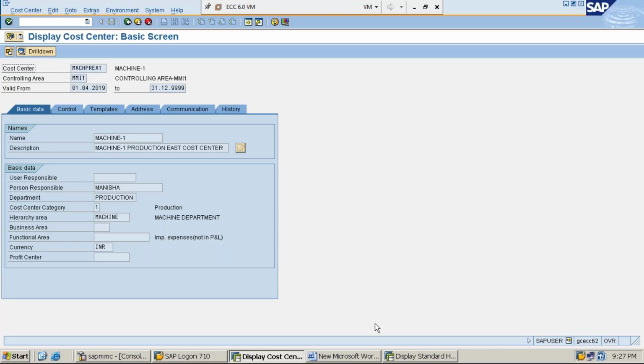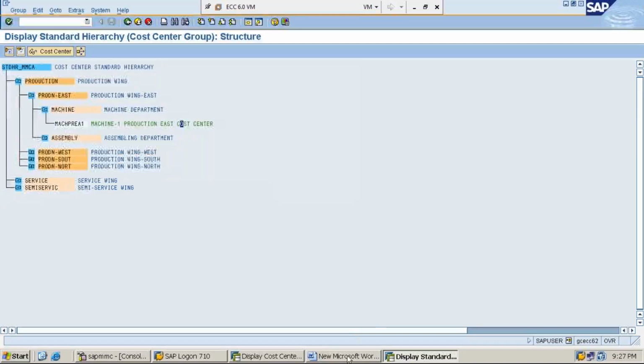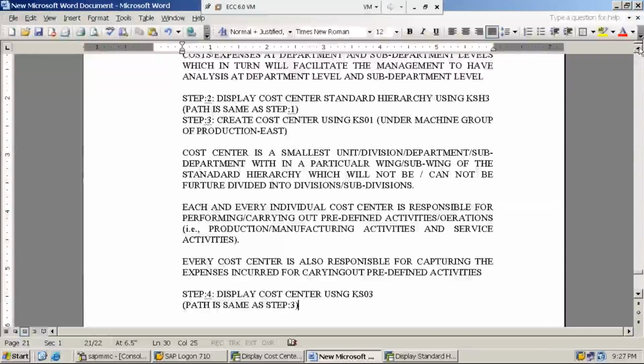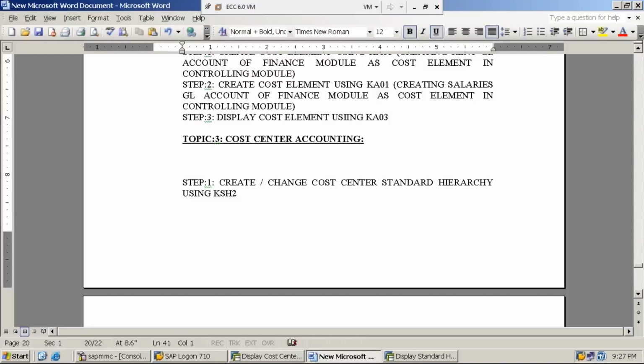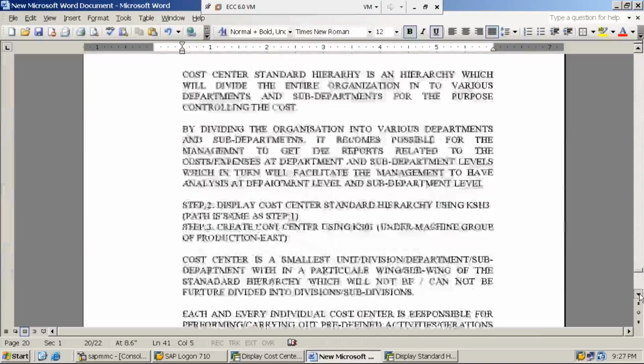Right. Next. See, what I'm doing in the notes, under cost center accounting: basic settings. So far, whatever we have discussed, let us name it as basic settings A. Under A, we have seen 4 steps: step number 1, step number 2, step number 3, step number 4.